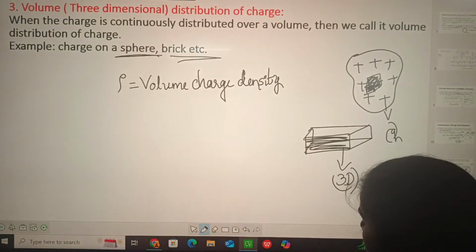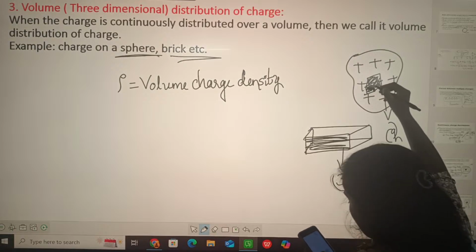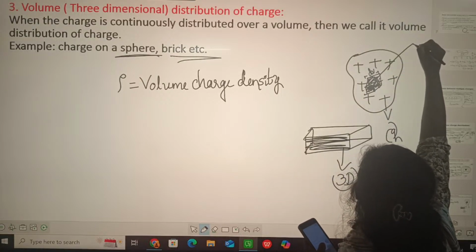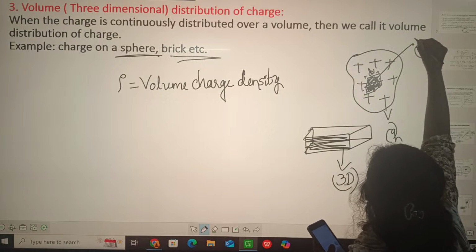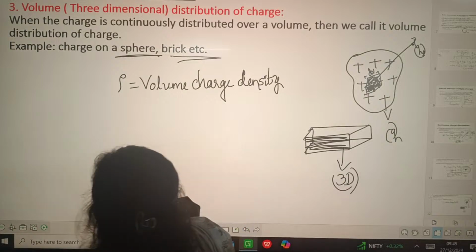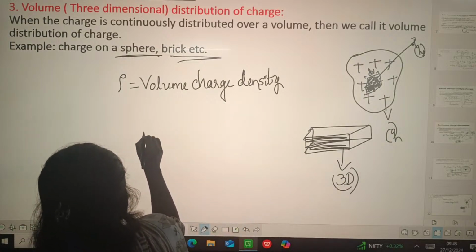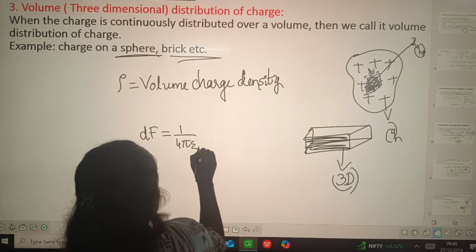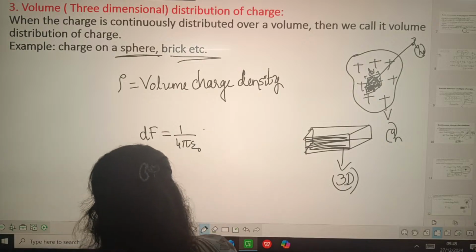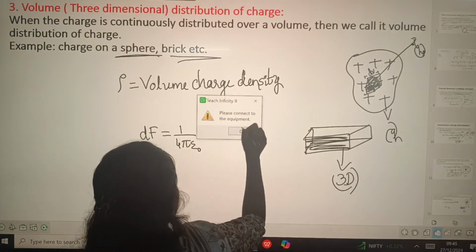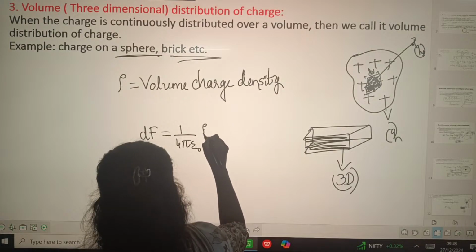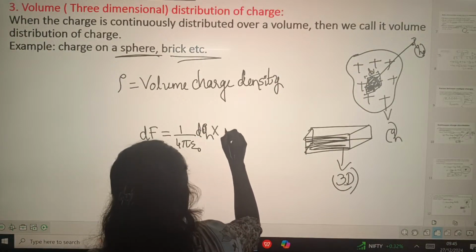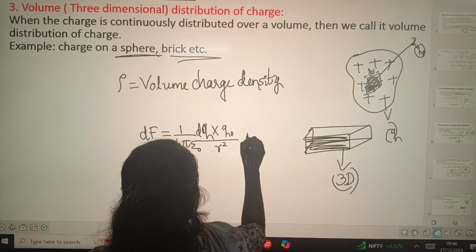Let us consider a small cube whose volume is equal to dV, whose charge is dq, and Q naught is placed at a point P. Then the force in this 3-dimensional distribution of charges is dF is equal to 1 by 4 pi epsilon naught, rho dV, the charge dq, into q naught divided by r square into r cap.